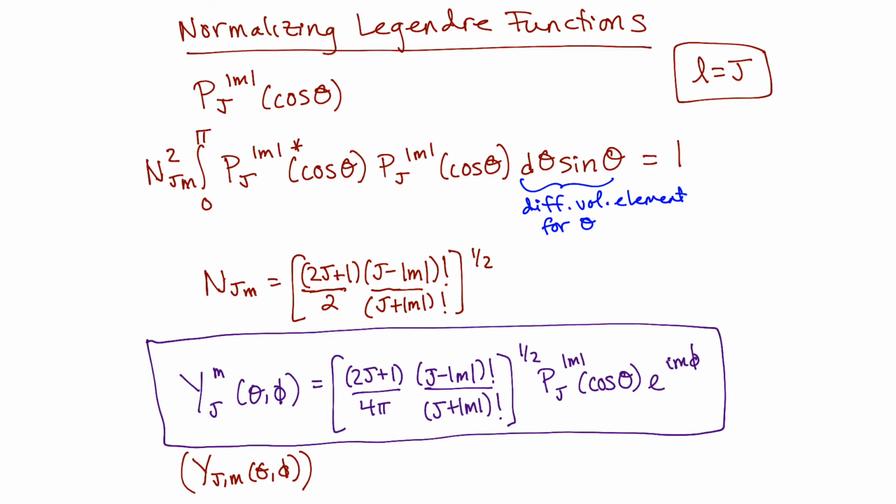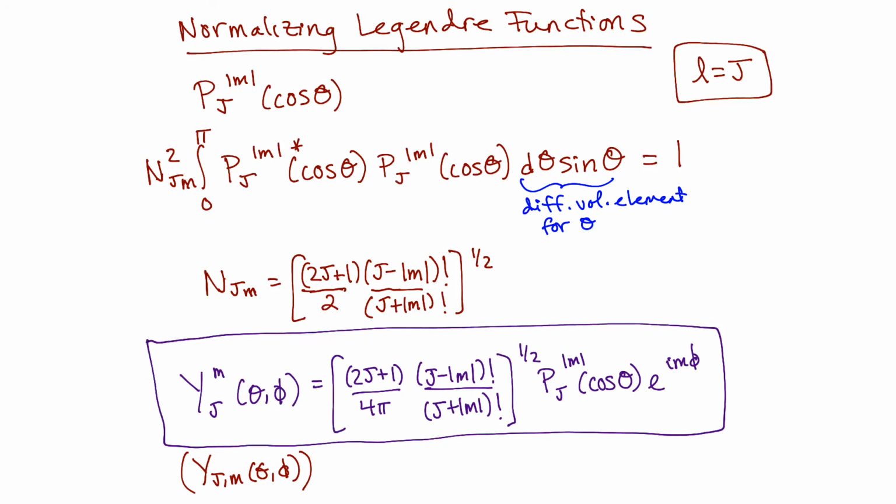And you'll notice that our normalization constant is ever so slightly different. So we have this 4 pi term here instead of the 2 that we just derived up here. That's just coming from the normalization constant that was in front of our e to the i m phi from our phi component of the spherical harmonics.